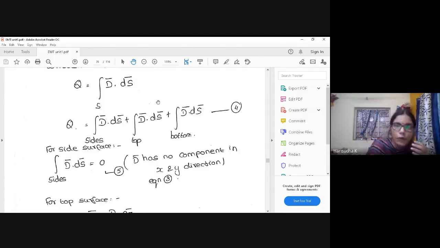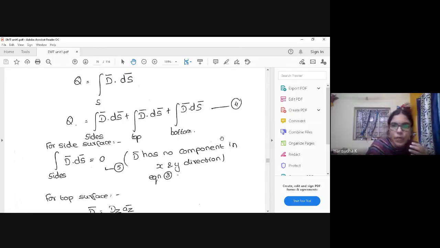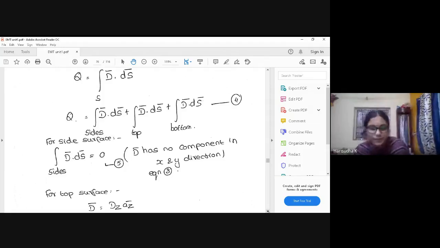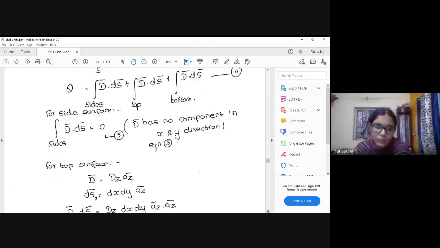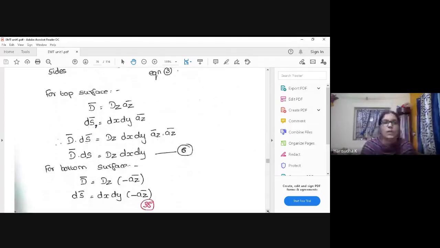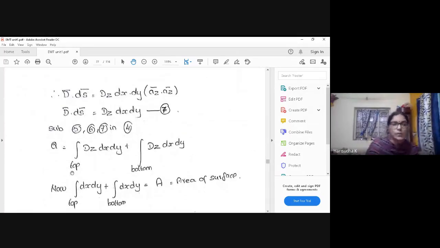For the top, we have found an equation, and for the bottom, we have found the equation. Just substituting for the top and the bottom in this equation 4, for the top surface it is integral Dz dx dy, and for the bottom surface it is integral Dz dx dy.